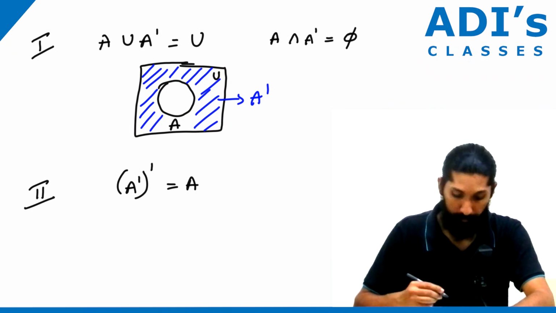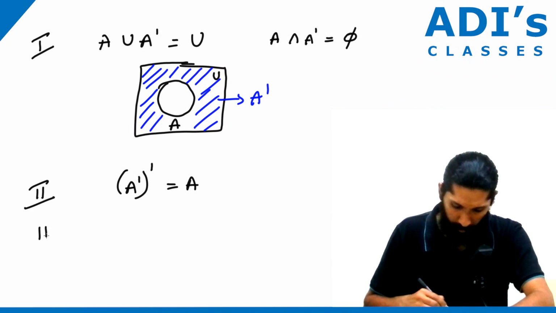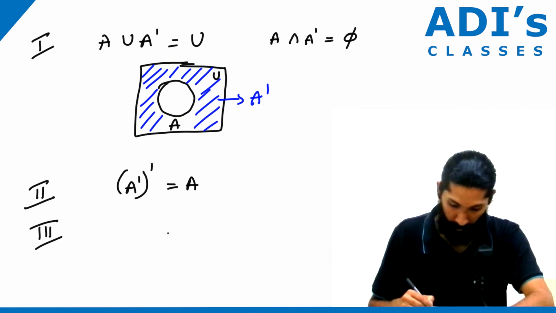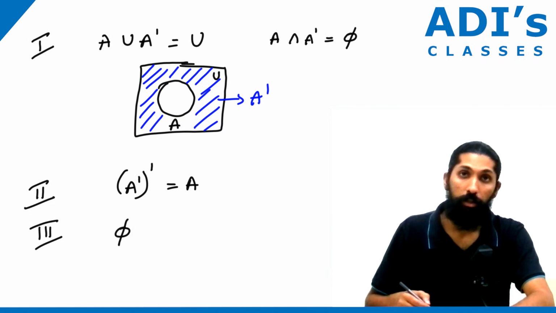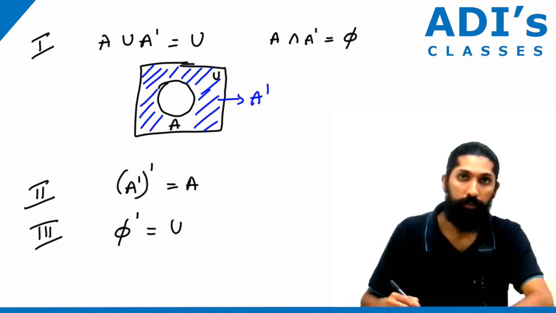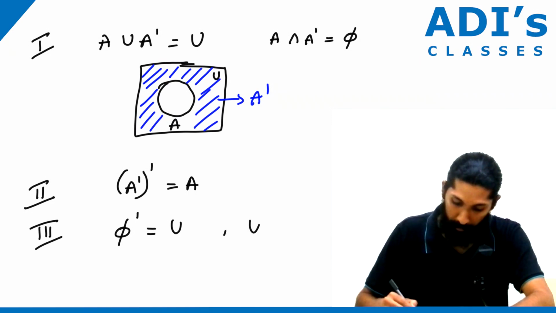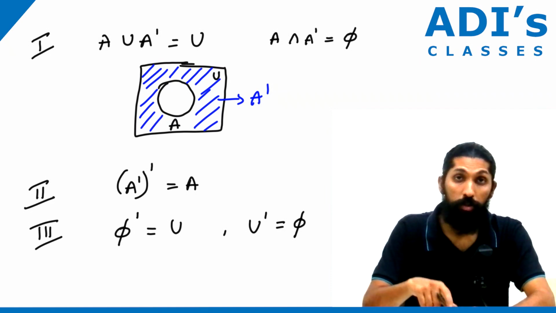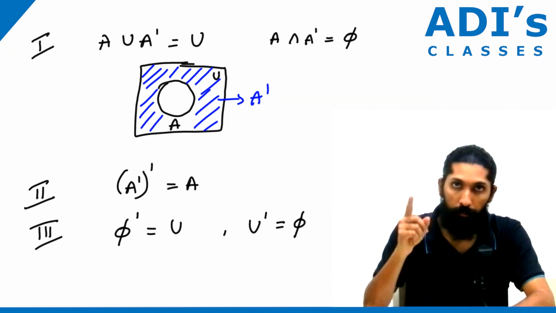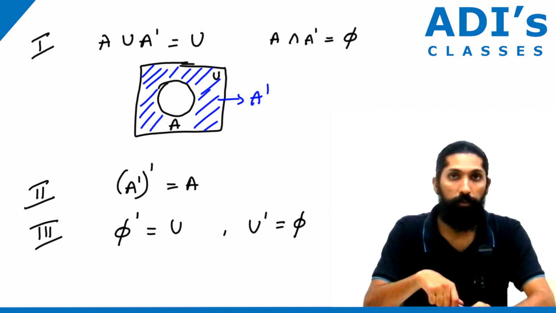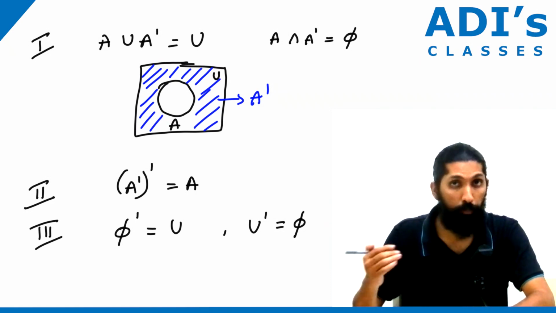The next property: when you have a null set, phi, the complement of a null set is the universal set, and the complement of a universal set is a null set. Fair enough? So it's the opposite. Phi complement is U, and U complement is phi. Clear? This is another property.